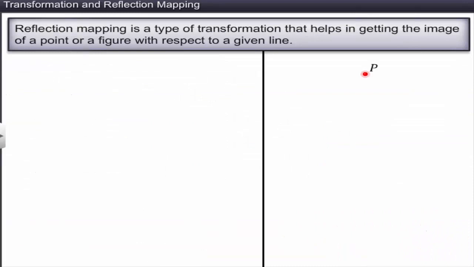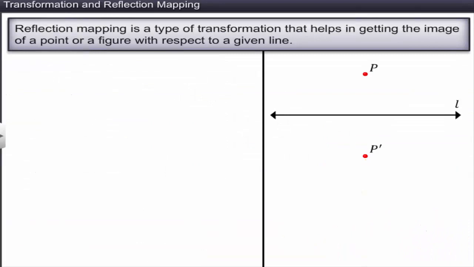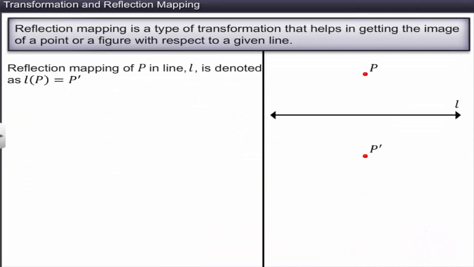Given a point P and a line L, the process of finding a point P' with respect to line L is called reflection in L, or symmetric mapping with respect to L. P' is known as the image or map of P in L, or the reflection of P in L. The mapping of P onto P' by symmetric mapping in L is denoted as L of P is equal to P'.